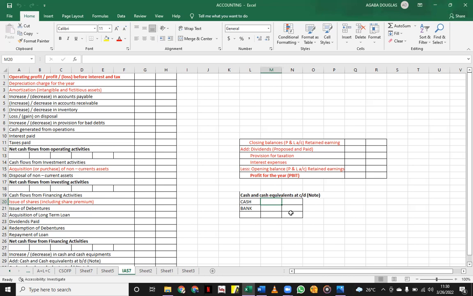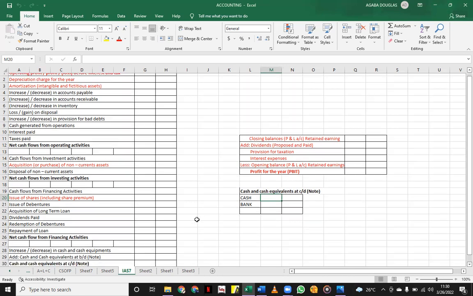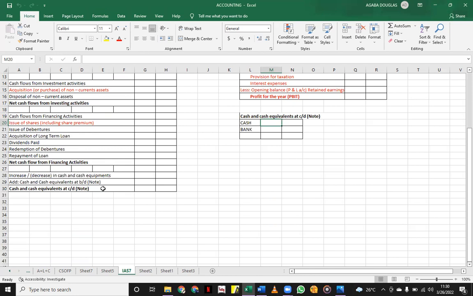And then they will guide you to notice if your statement of cash flow is correct or wrong, because at the end of the day, the value you get here should be the same value that you will have gotten here as your closing. In other words, if you got 90 here, then you need to get 90 here as well.